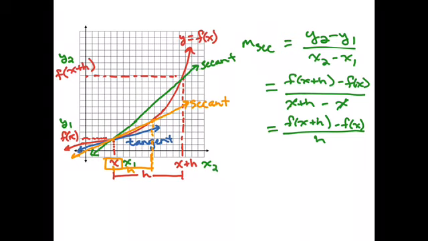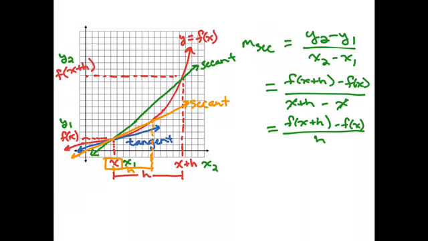The one in yellow has a slope much closer to my blue tangent line, right? So if we want to figure out the slope of the tangent line, we want to make our second point get closer and closer and closer to our original x, which means what is happening to h? It's getting smaller and smaller and smaller.